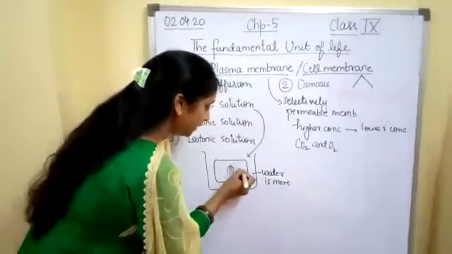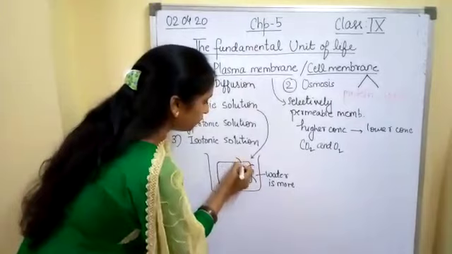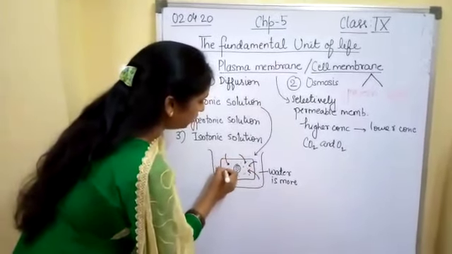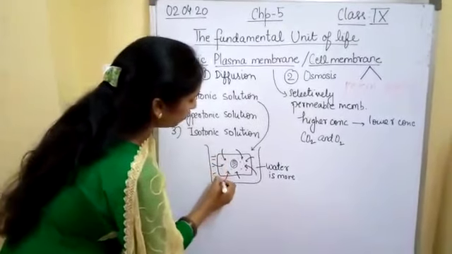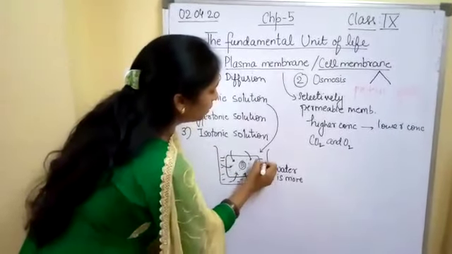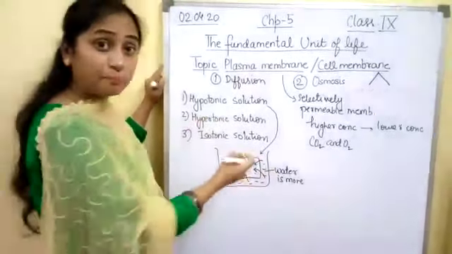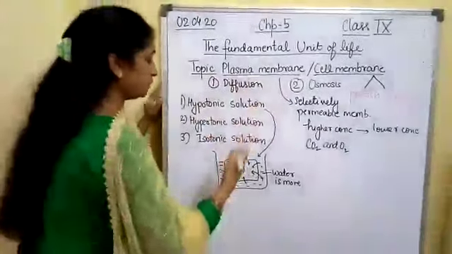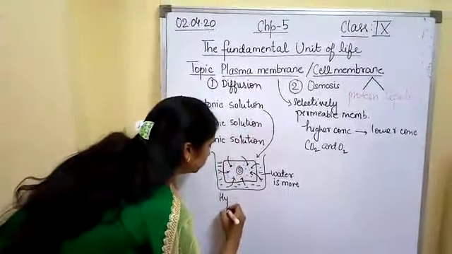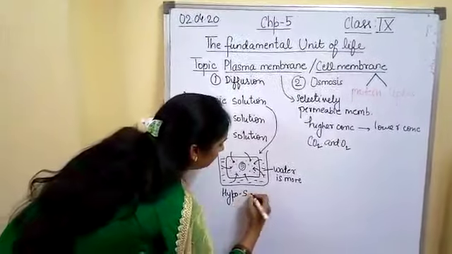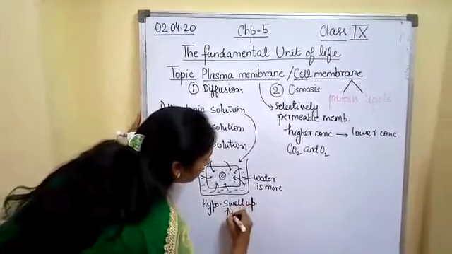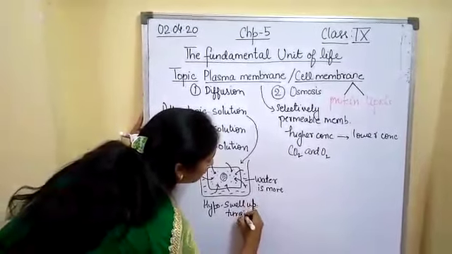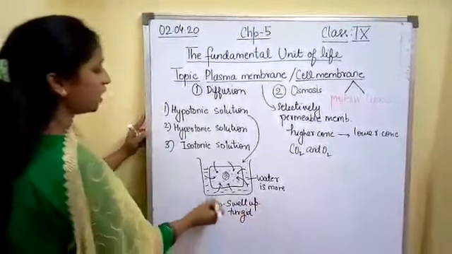So there will be a movement of water molecule inside the cell. This will be your water molecule and it will be moving inside the cell. So what will happen? The cell will swell up. So in hypotonic solution, the cell will swell up or the cell will become turgid. This we are talking about the hypotonic solution.